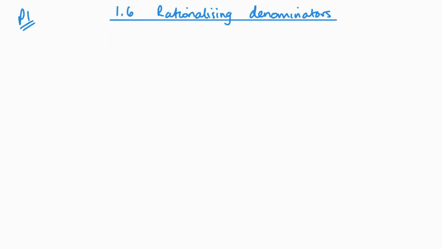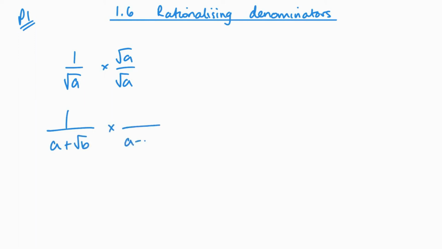Now, it could look something like this, 1 over square root of something, in which case we end up multiplying top and bottom by that square root. It could look like this, and we would need to then multiply by the opposite sign, so a minus root b there.